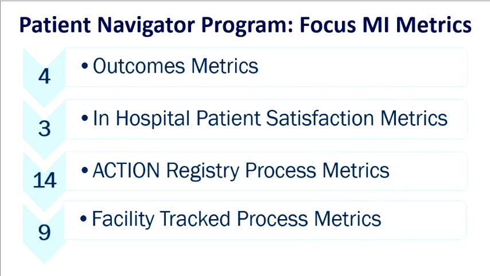The chest pain MI registry has 14 process metrics, and that's formerly the action registry metric. And then there are 9 facility tracked metrics, which include things like identifying your MI patients prior to discharge, risk assessing for risk of readmission, medication reconciliation on admission and discharge, patient education regarding their treatment regimen and their medications, any new medications, et cetera.